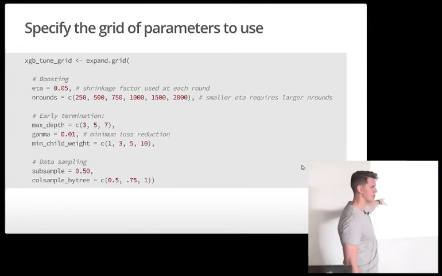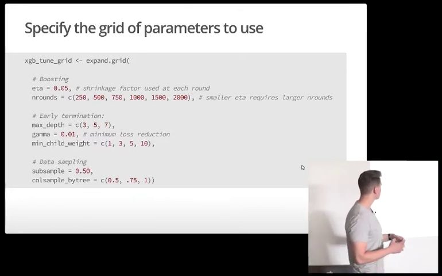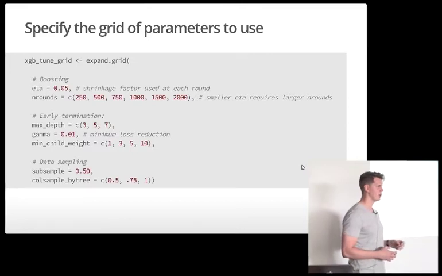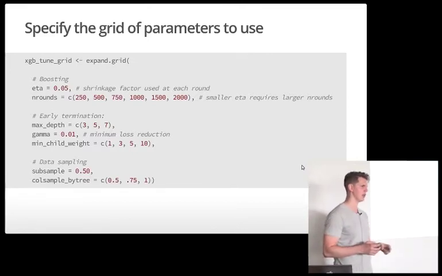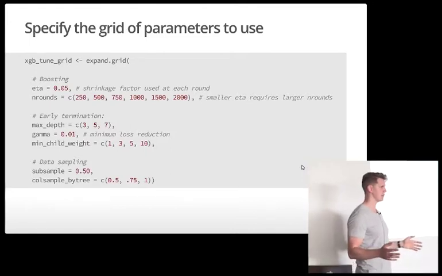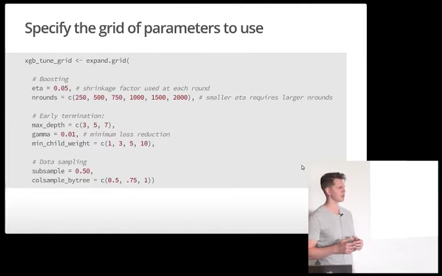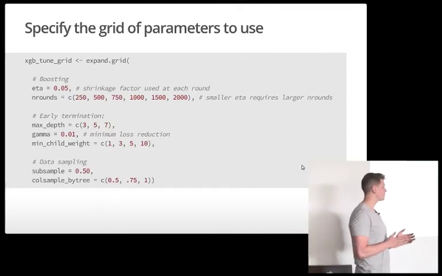And the last 2 here is another kind of neat way of doing things. So in each of these potentially 2,000 models, this parameter is saying that we're only going to use 50% of the data randomly for each model, which means that every model is probably going to have different data to work on. That means that some observations that might have such a huge impact on everything else are only going to be in 50% of the samples.